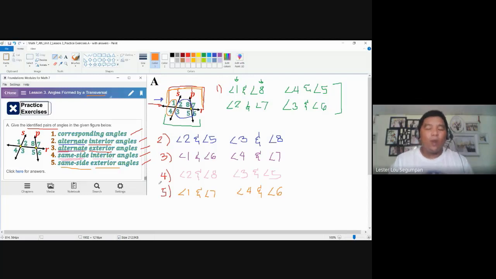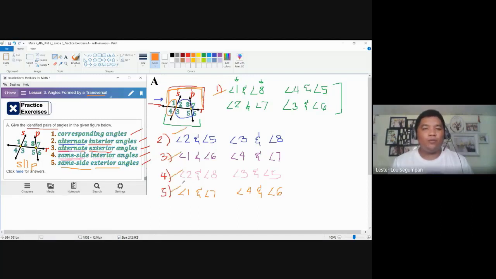Now, why is this very important to be understood properly? It is very important because if we deal with two special types of lines cut by a transversal, in this given, line S and line P are not given to be parallel lines, but if they are given to be parallel, there are special considerations on these pairs of angles.